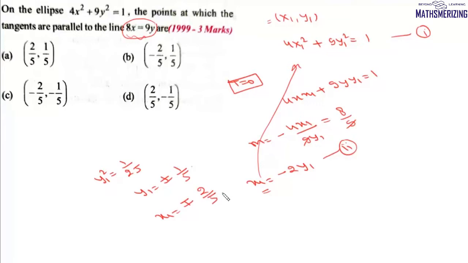So these points of contact will be 2 by 5, minus 1 by 5 or minus 2 by 5, 1 by 5. So the answer to this question is option number B and option number D.